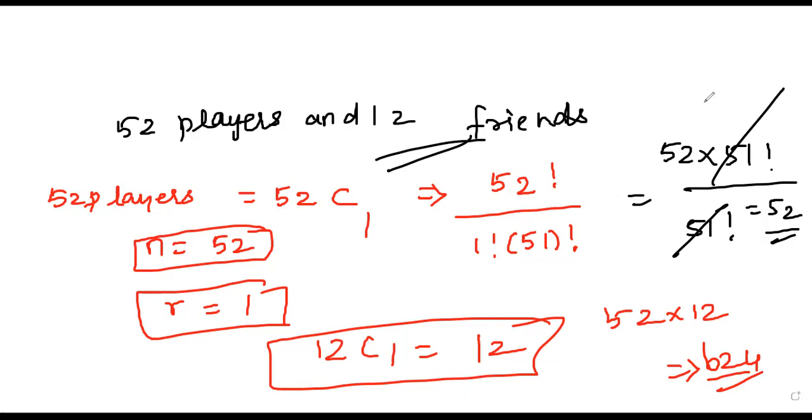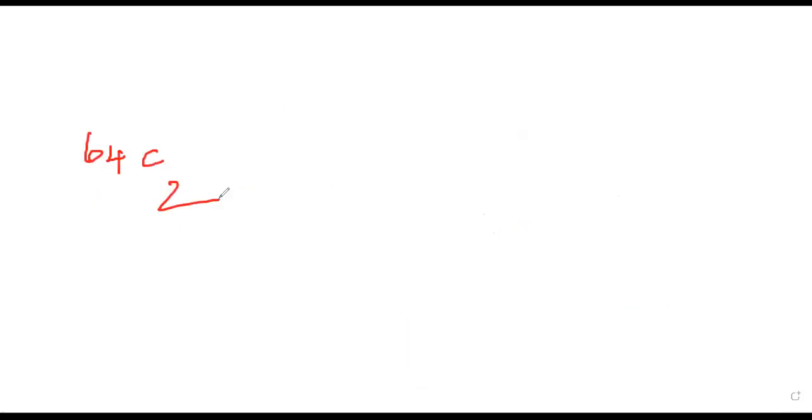So this answer will be divided by 64C2. The numerator is 12C1 times 52C1, divided by 64C2. This is how you will split the scenario.